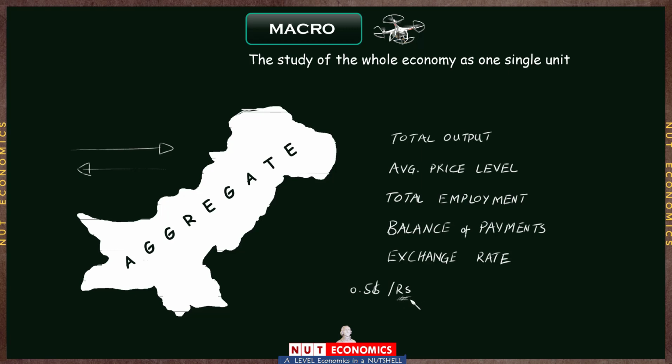So exchange rate is the price of this rupee in terms of this international currency of the US dollar. Again, this is a macro level aggregate variable, because you see, when the exchange rate changes, then the price of all the country's exports and all of that country's imports will change.